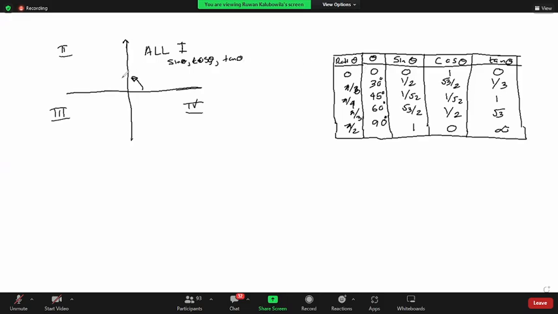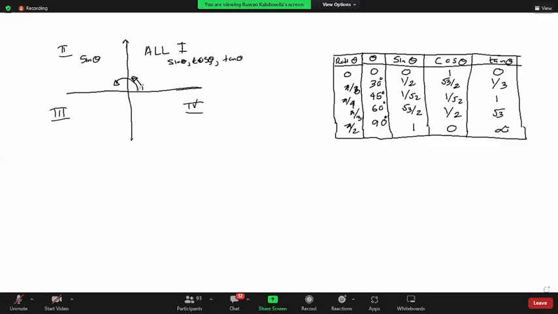But when we consider the second quadrant, where the theta angle is in this quadrant, only sine gives us positive values. Others are negative. That means cos theta is negative, and tan theta is also negative.